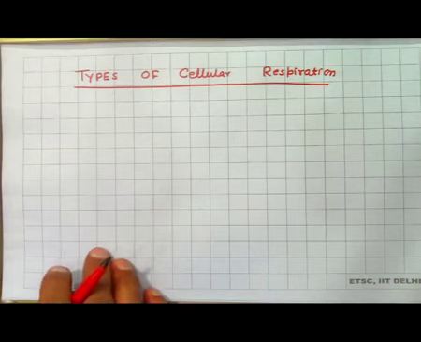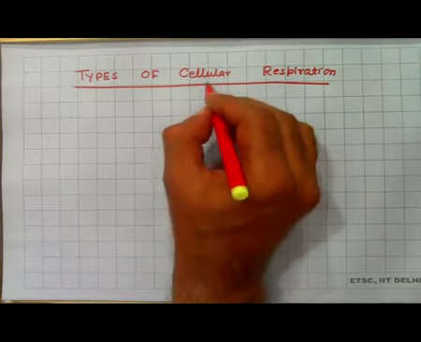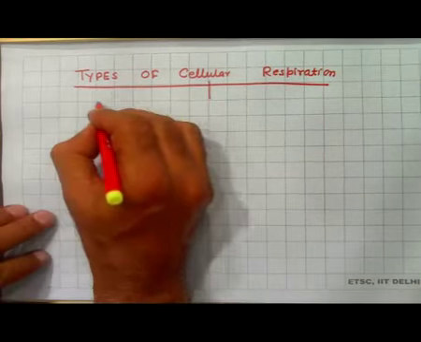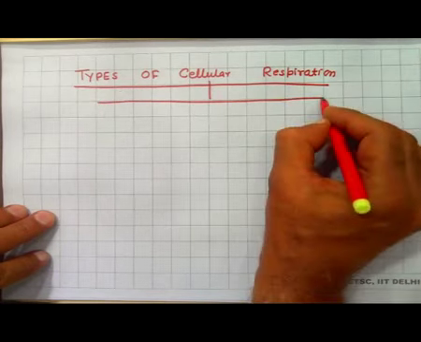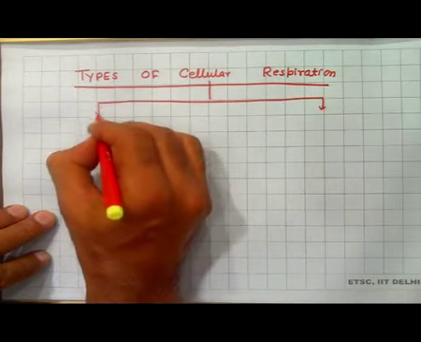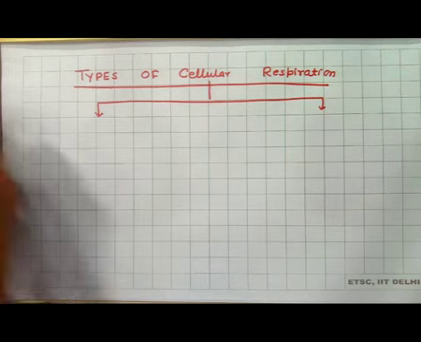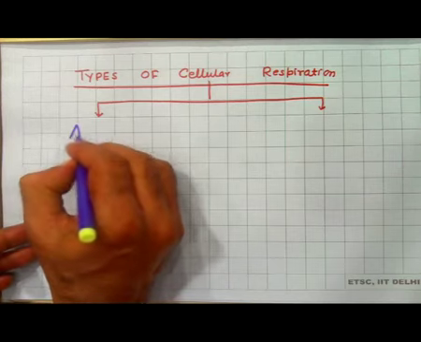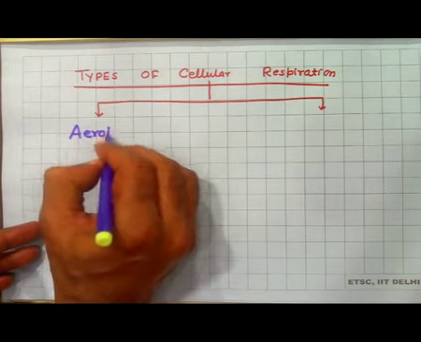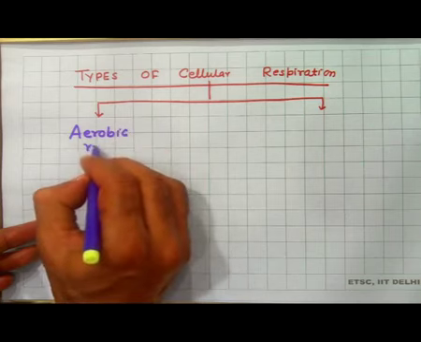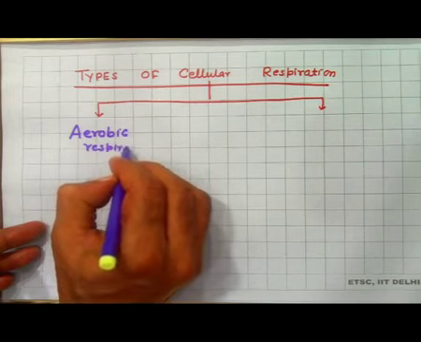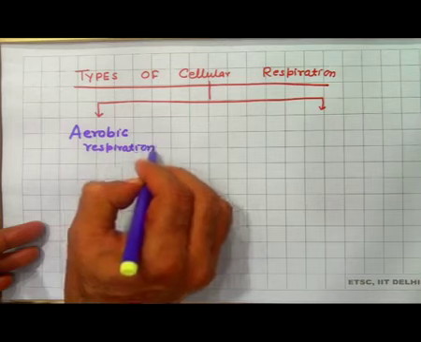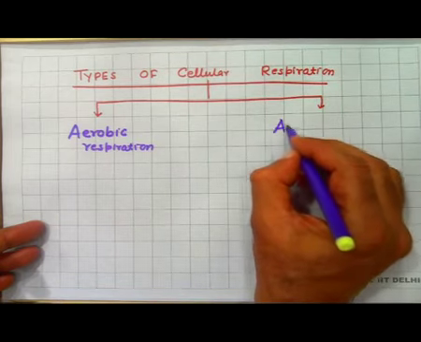According to the dependence of oxygen, cellular respiration is of two types: aerobic respiration and anaerobic respiration.